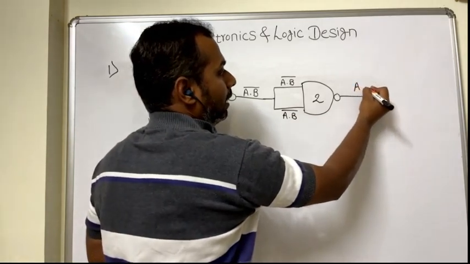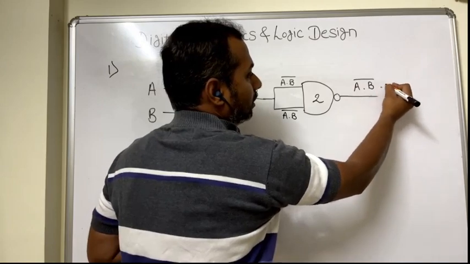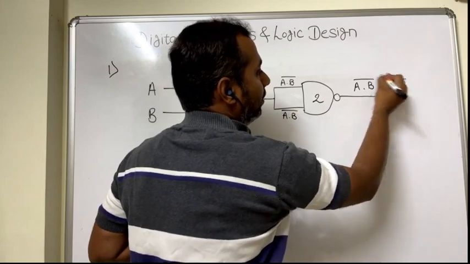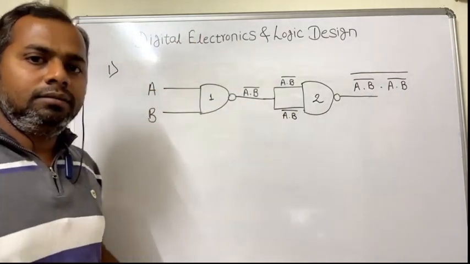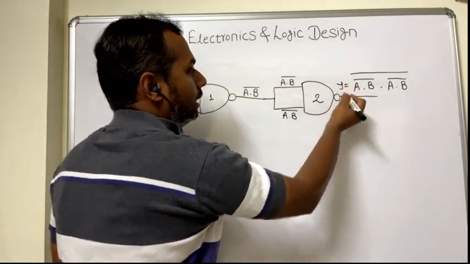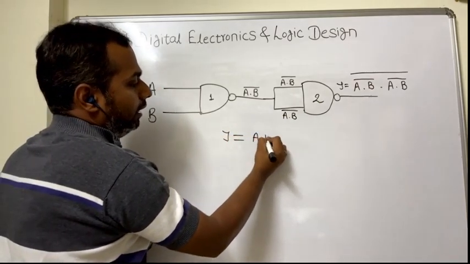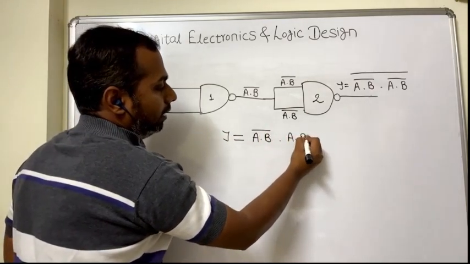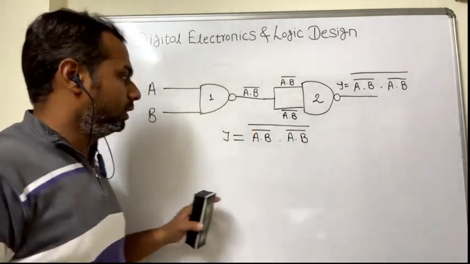It is ((A and B) whole complement and (A and B) whole complement), whole complement. This is the NAND gate number 2 output. Let me take that equation here as it is to simplify it: (A and B) whole complement and (A and B) whole complement, again the whole complement of both the terms.